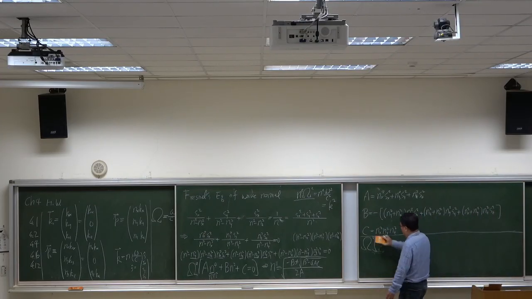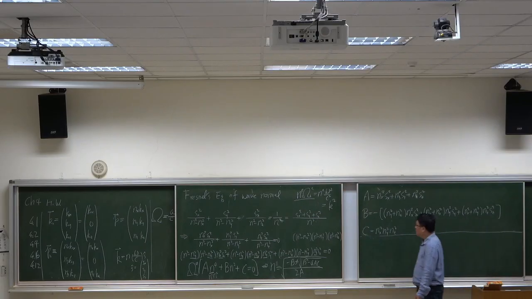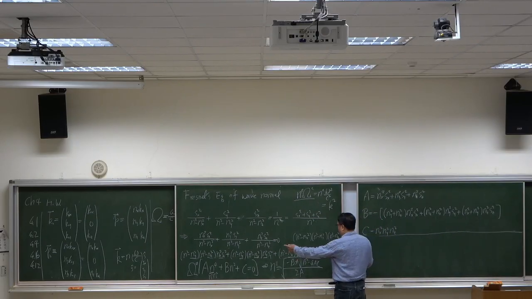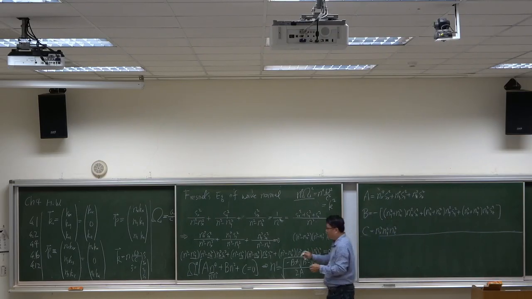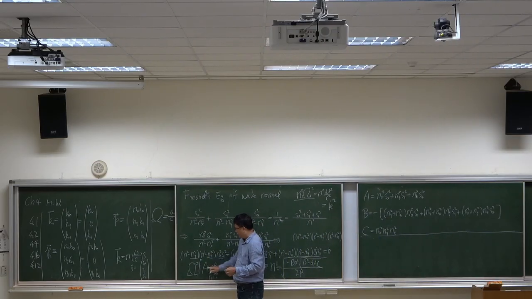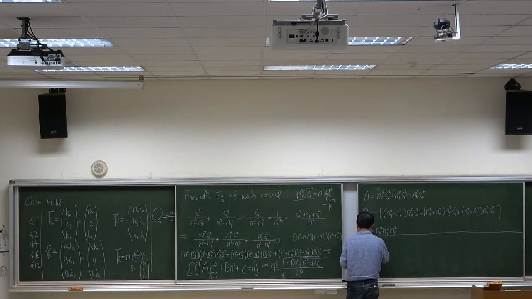Now we try to understand what the result is. First, omega squared times n squared gives us k squared.